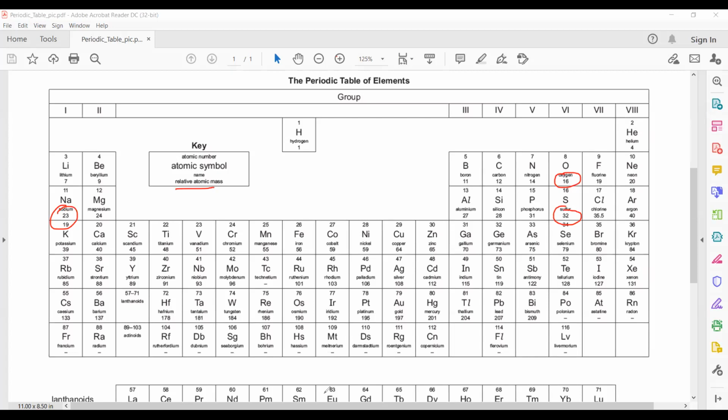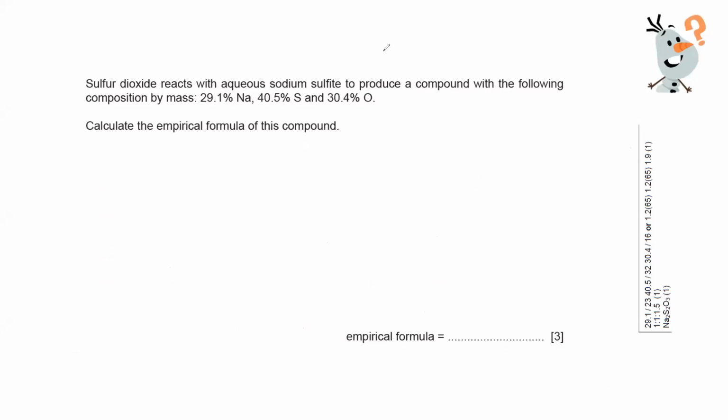So step 1. We have sodium, sulfur, and oxygen: 29.1, 40.5, and 30.4. Divide by atomic mass.